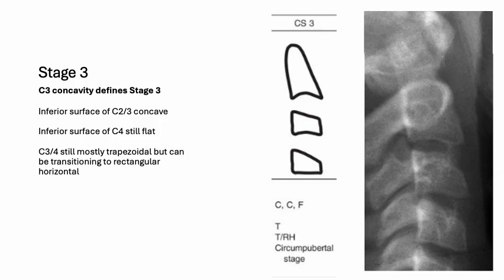Morphologically, C3 and 4 are still trapezoidal, but you're allowed to have one of them be transitioning to rectangular horizontal and still be in stage 3. And so of note, this is typically defined as the period of peak height velocity by the orthodontists, and when they're mostly defining peak height velocity, they're talking about mandibular growth.